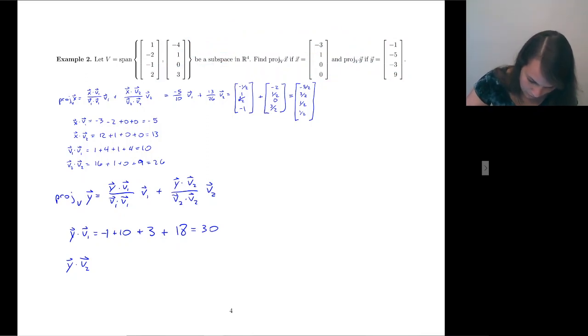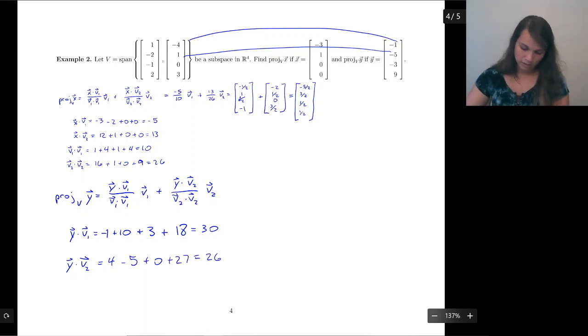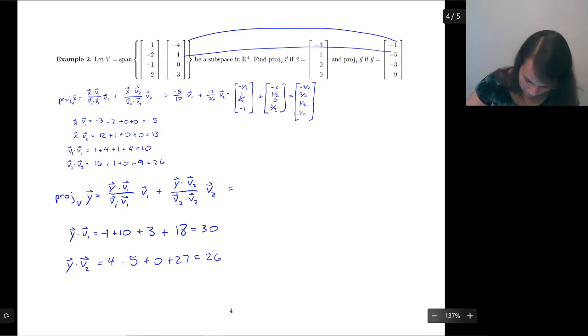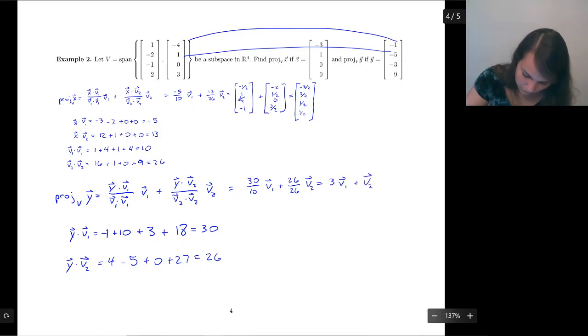So negative 1, negative 4. So that's positive 4, negative 5, 1, 0, 27. That is 26. So let's plug those in. So we've got 30 over 10 v1 plus 26 over 26 v2. So pretty. It's just 3v1 plus v2. I love it.